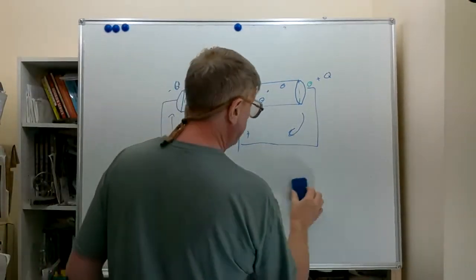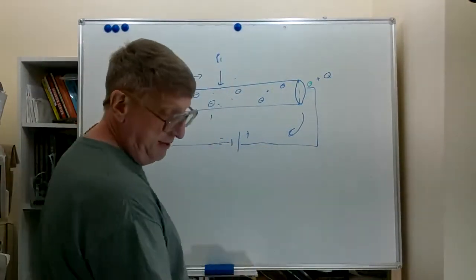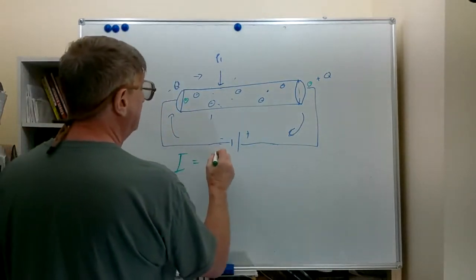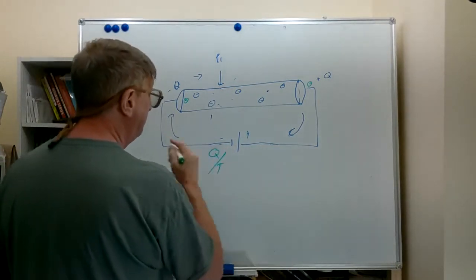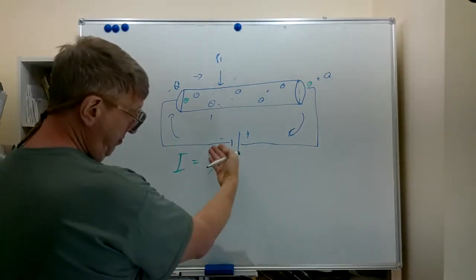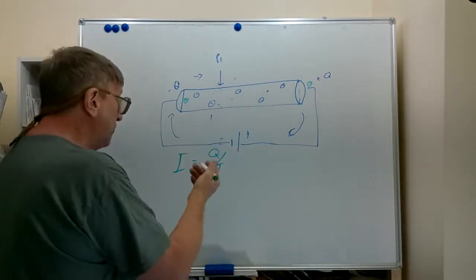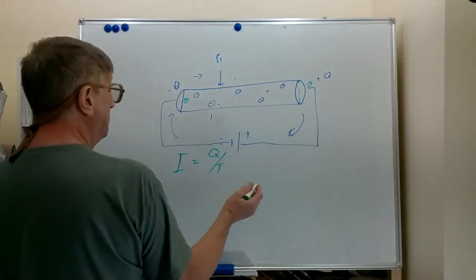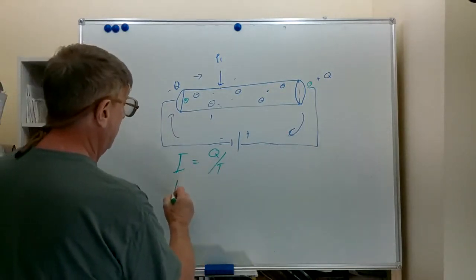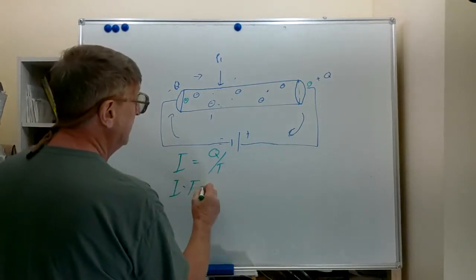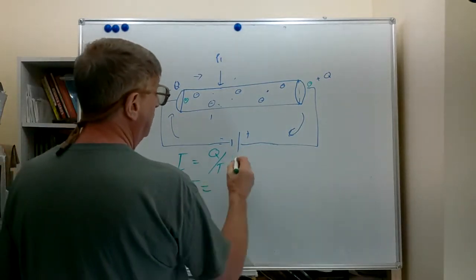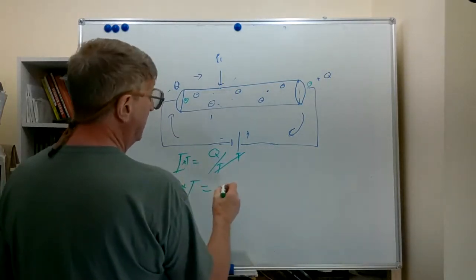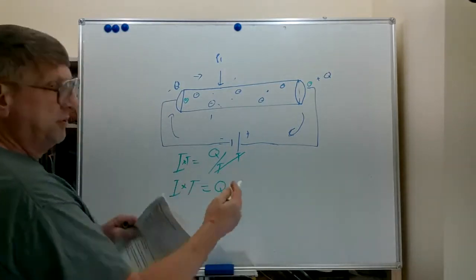I'm going to give you a quick little math lesson here, a very small one. We had our formula for amperage: intensity was equal to charge divided by time, and this charge per time makes it a rate of charge flow. If we wanted to solve for charge, we would multiply both sides times T. I times T equals Q over T times T, they would cancel, so I times T equals Q. So you can see the relationship there.